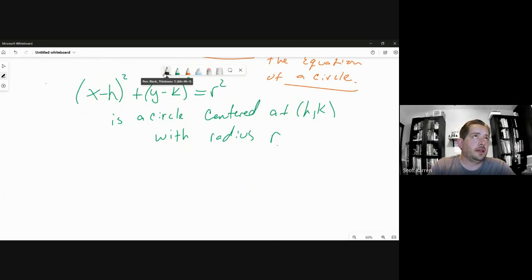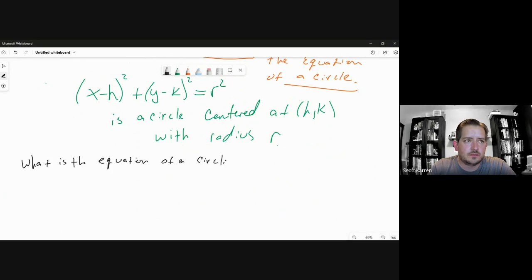So in a circle, we can create the equation of a circle given some values. What is the equation of a circle with radius 4, centered at the point (2, -7)?